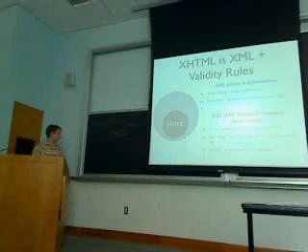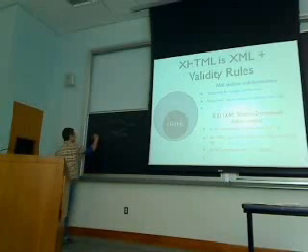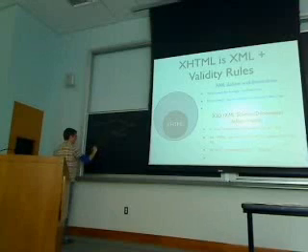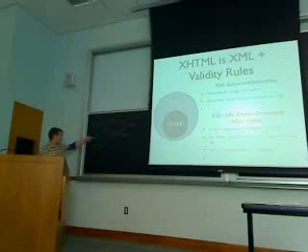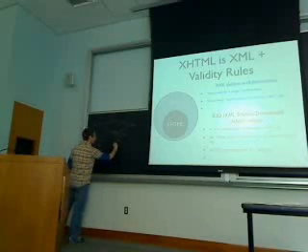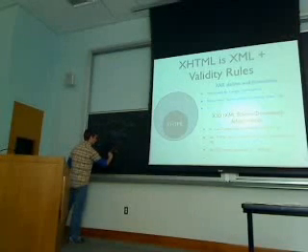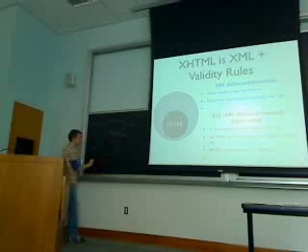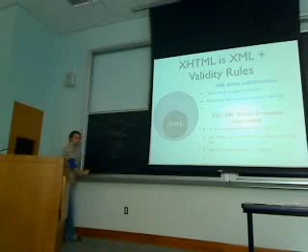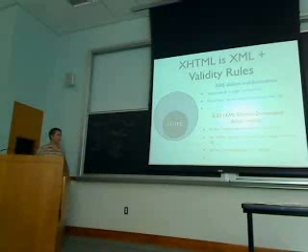So if I start like this, this is okay because your V tags are fully enclosed by these A tags. But this is not okay because this V tag starts within the A tags and closes outside of it. So that's one of the examples of the rules that are enforced by XML.